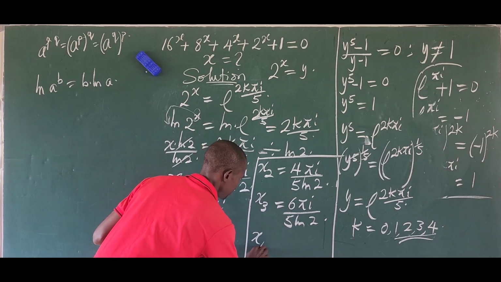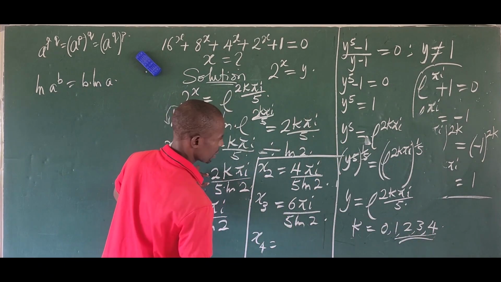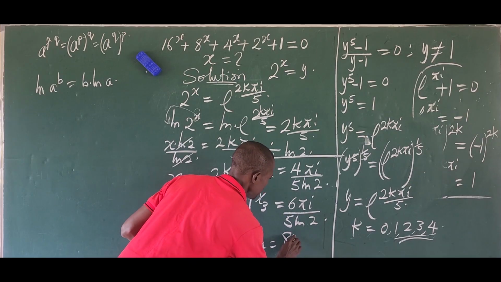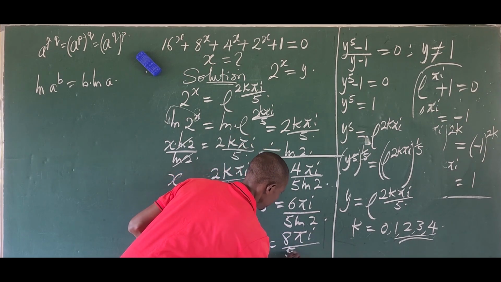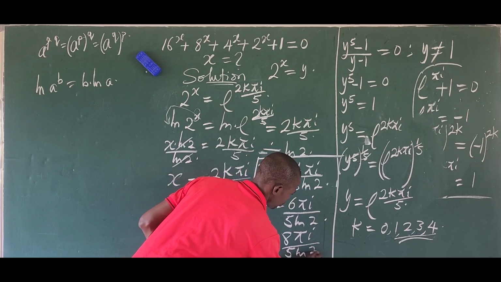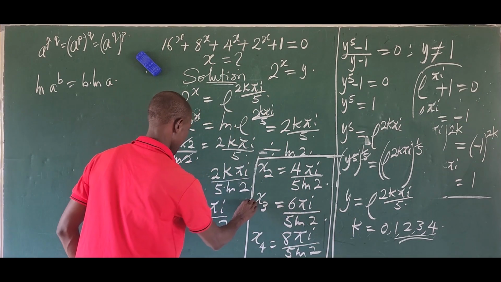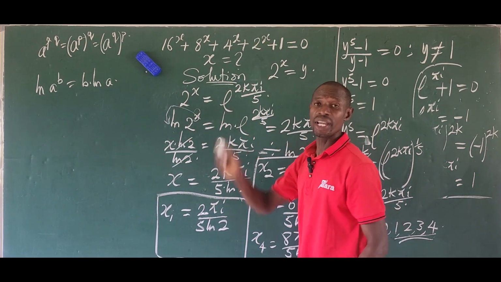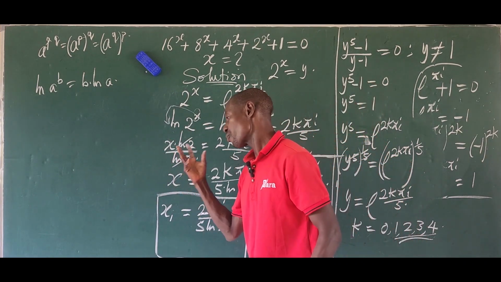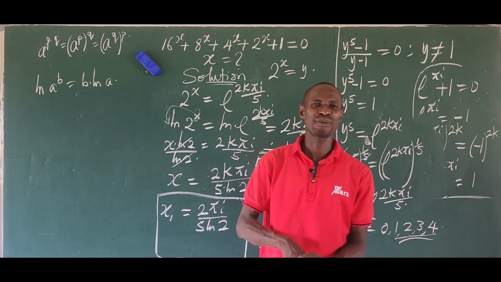And our x4, which is the last one, gives us 8πi all over 5 ln of 2. So these are the values of x that will satisfy this equation. In other words, the 4 roots we solved for the value of x are all imaginary roots.